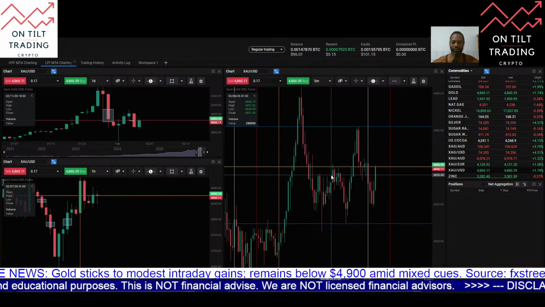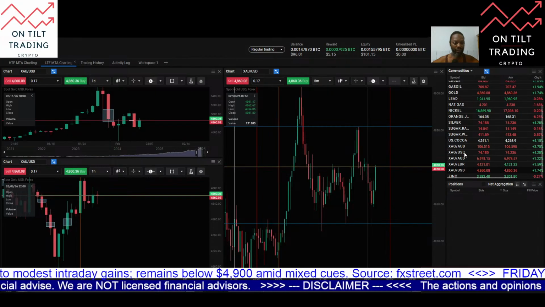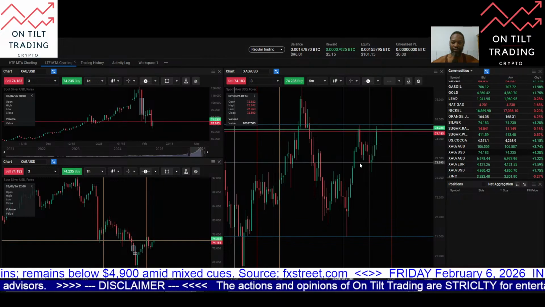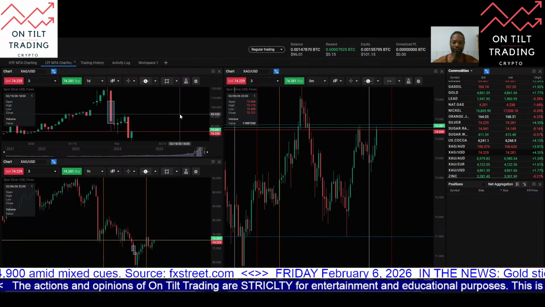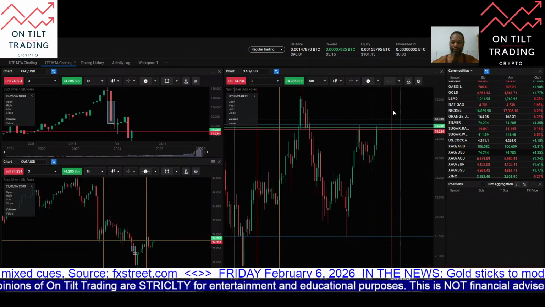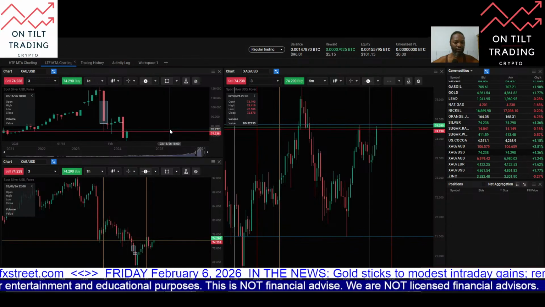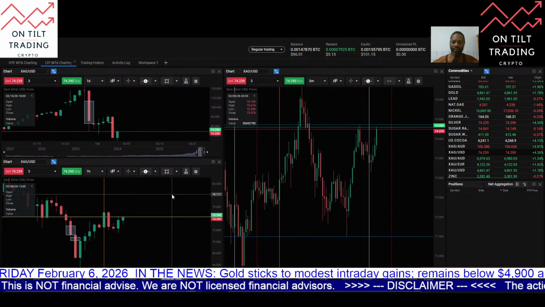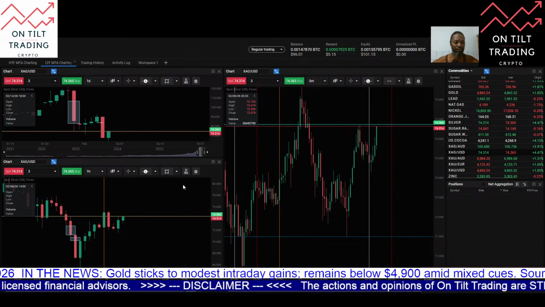Gold also short bias, but it looks unlikely gold is going to provide an entry opportunity. So far, all three Forex pairs that I watch have put in short signals.